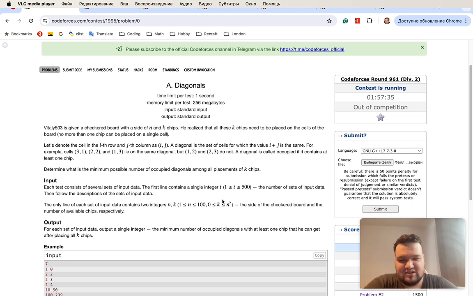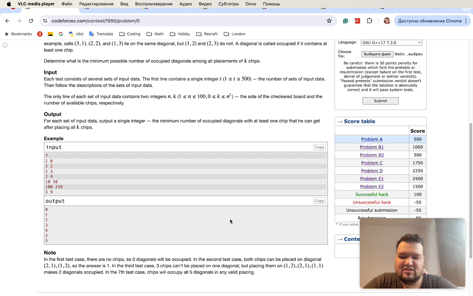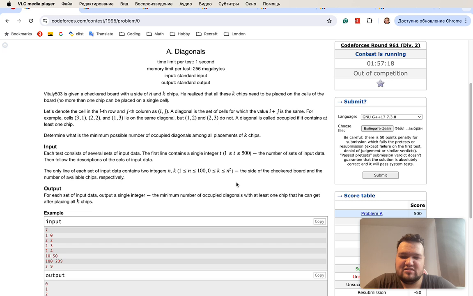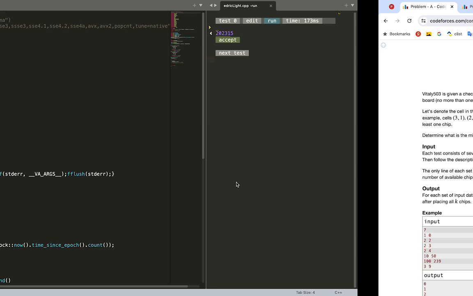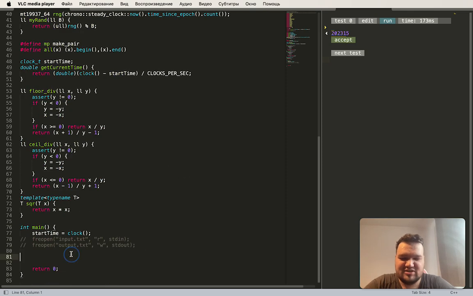So the list we will be going through is just n, n-1, n-1, n-2, n-2, and so on. So we can write some simple for cycle.